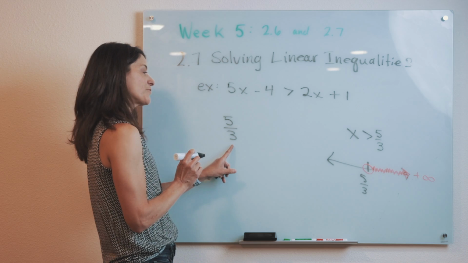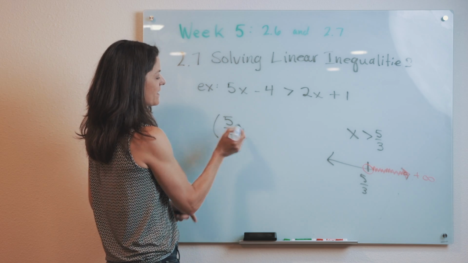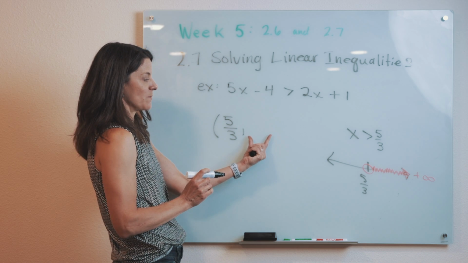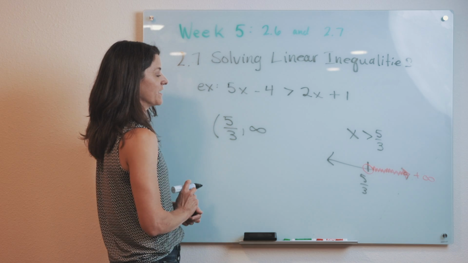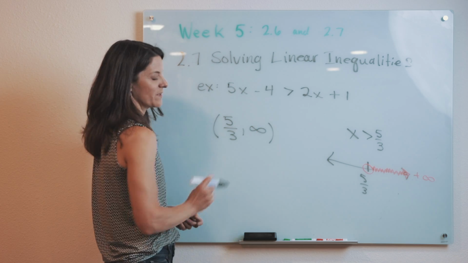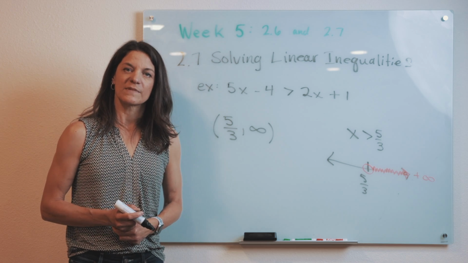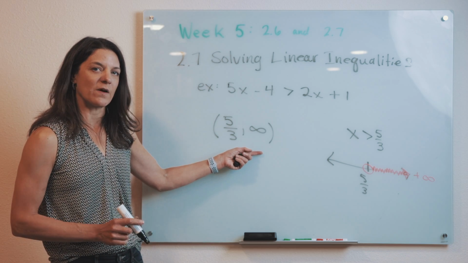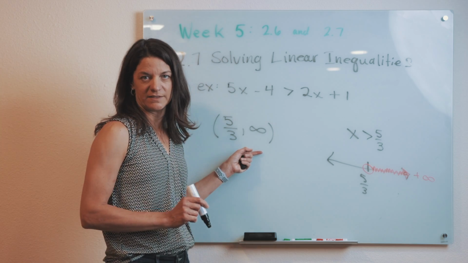Now, because 5/3 isn't included, we use a parenthesis, then a comma, and then the largest number. Well, there's no largest number. We represent that with infinity, and always a parenthesis with infinity or negative infinity. We will talk a lot more about interval notation in the video lecture and the practice problems and the assignment.